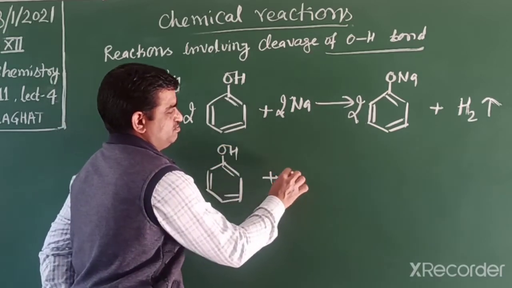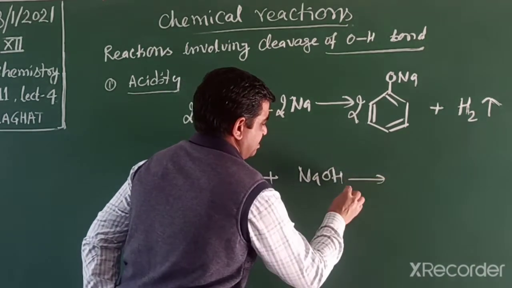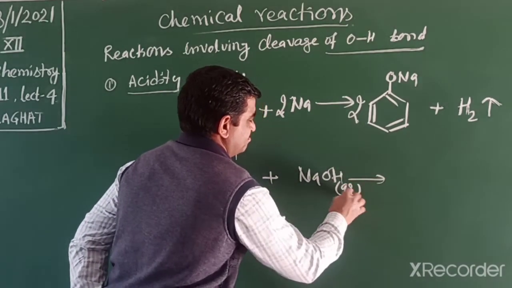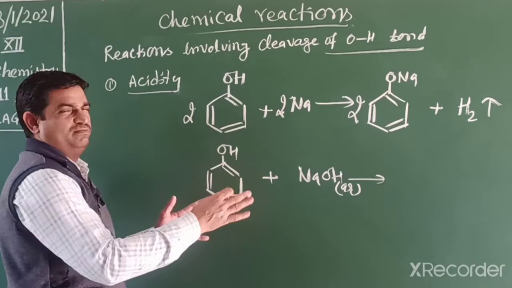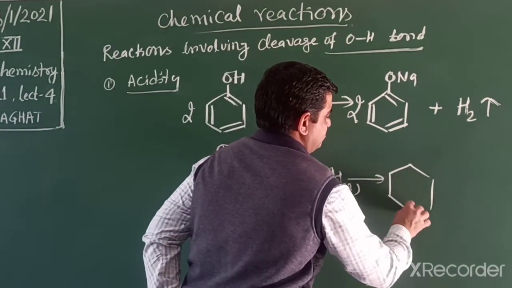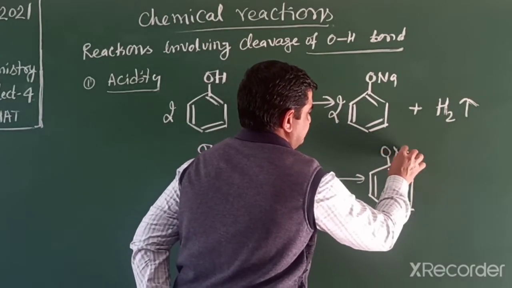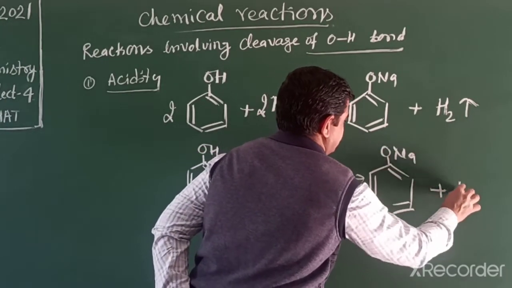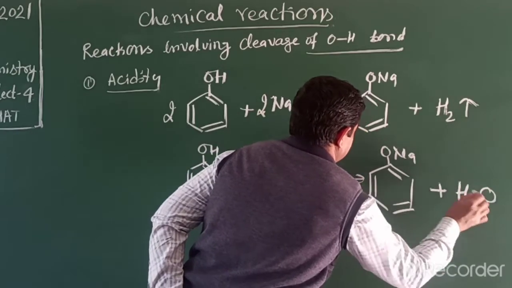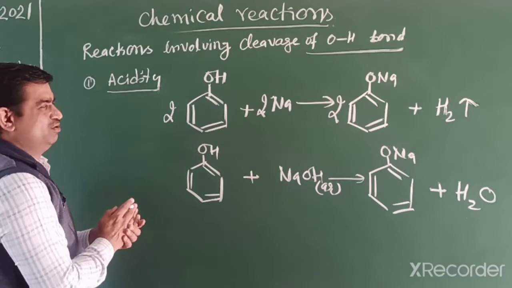Phenol reacts with aqueous sodium hydroxide, and they again form sodium phenoxide plus water. This reaction shows the difference between alcohol and phenol.